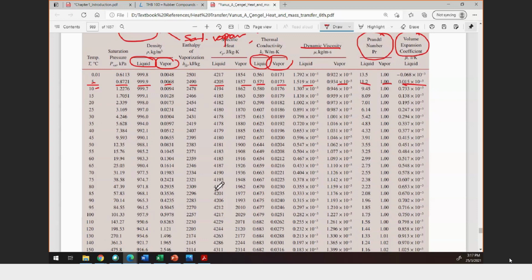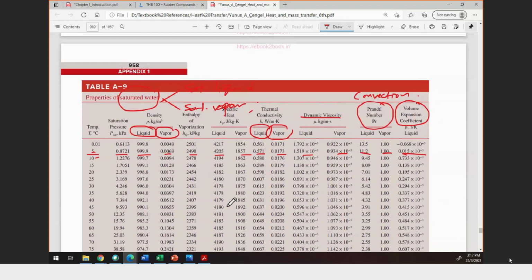What I can say is, if you have tabulated data, okay, and you cannot find the data in the table given, one way is to do it by interpolation.